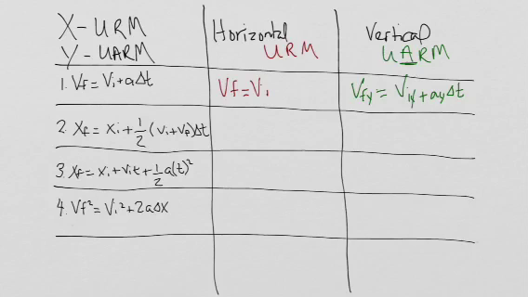If we look at equation number 2, x final is equal to x initial plus 1/2 bracket v initial plus v final bracket times time. How does that actually change? Here's the deal. In the x, v initial will equal v final, because it's uniform, it does not change.